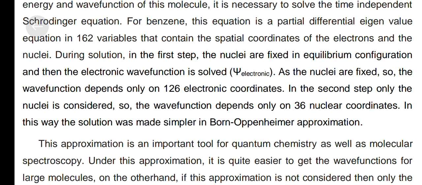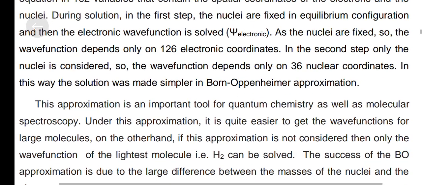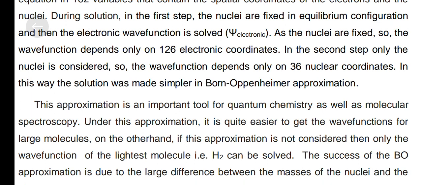This approximation is an important tool for quantum chemistry as well as molecular spectroscopy. Under this approximation, it is quite easy to get the wave function for large molecules. On the other hand, if this approximation is not considered, then only the wave function of the lightest molecule, H2, can be solved.